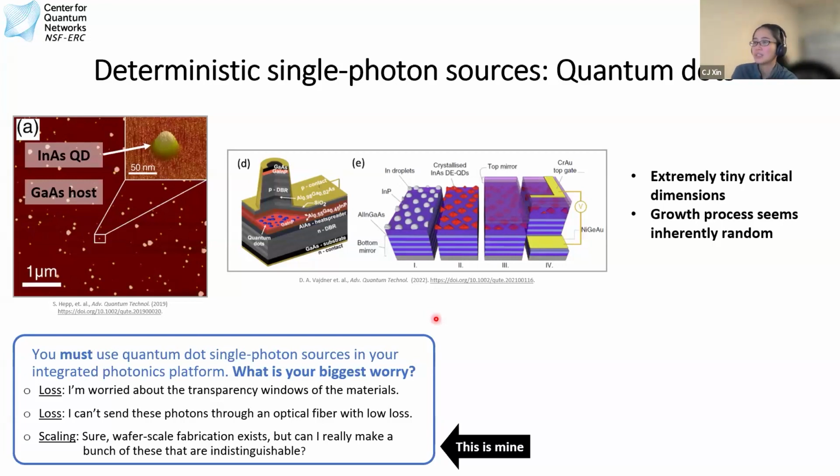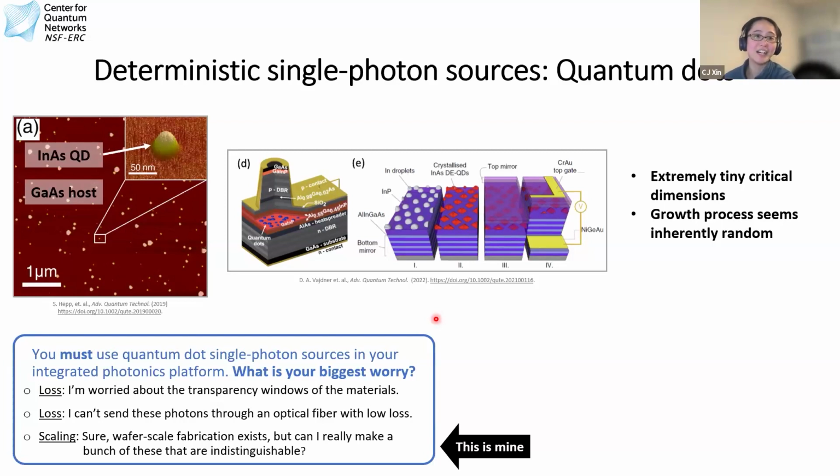The other thing is that the random locations make it so that if you want it specifically around a certain nanophotonic structure on your platform, there's some luck involved there. Usually you can control the densities of the quantum dots, which helps you out a little bit.